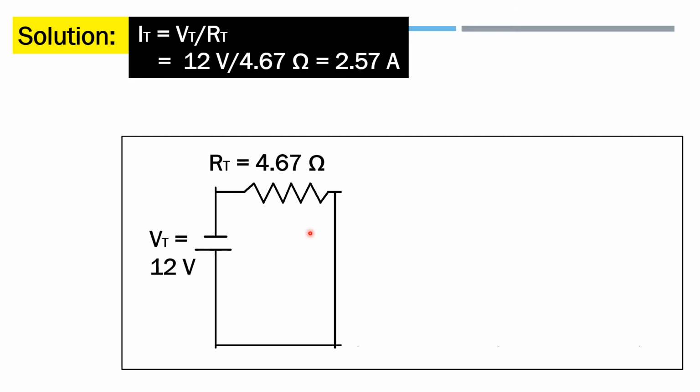So what do you do next? Aside from getting the total current, which is now equal to 2.57 amperes, we are going to determine the individual currents. But this time, we are going to go back to the resistances that are far from the source, starting with I sub 1, R sub 1.